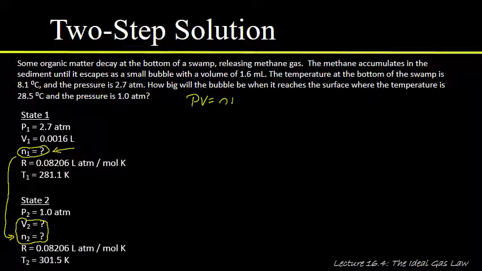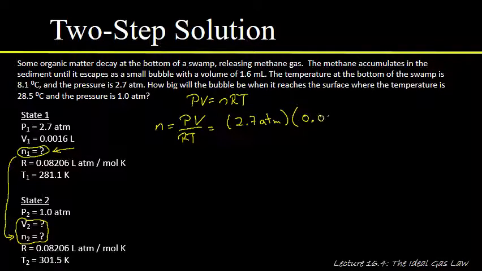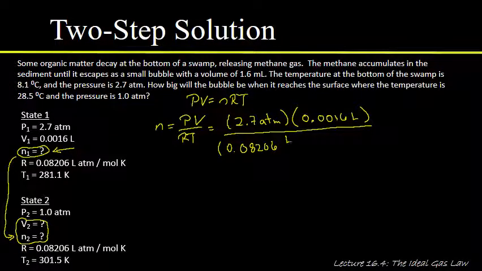PV equals nRT. Therefore, n equals PV over RT, which is 2.7 atmospheres times the volume 0.0016 liters, divided by R, 0.08206 liters atmospheres per mole Kelvin, and our temperature, which is 281.1 Kelvin.